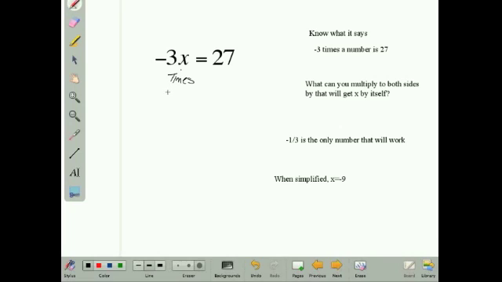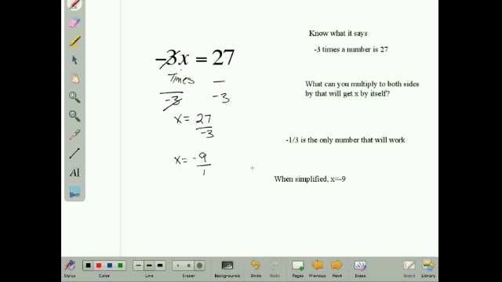The opposite of times is division. So if I divide both sides by a negative 3, the negative 3 cancels, and we're left with x is equal to 27 divided by negative 3. This simplifies to x equals negative 9 over 1, or just negative 9.